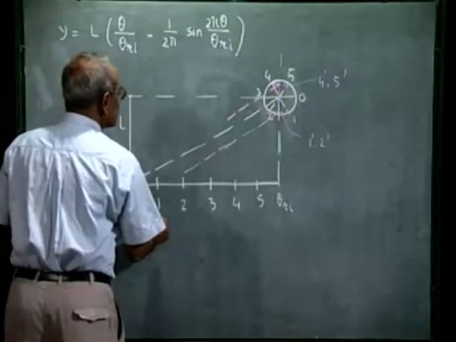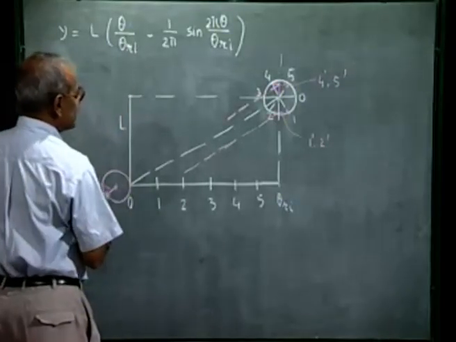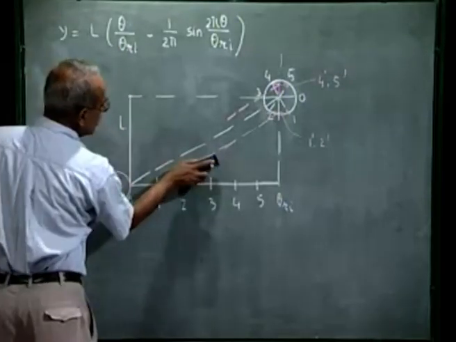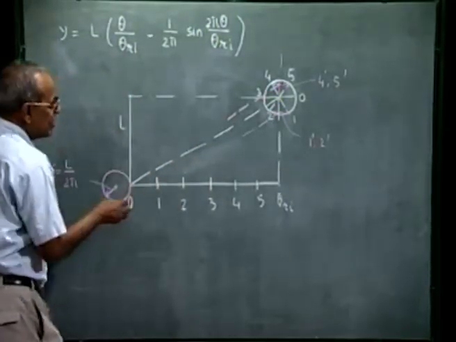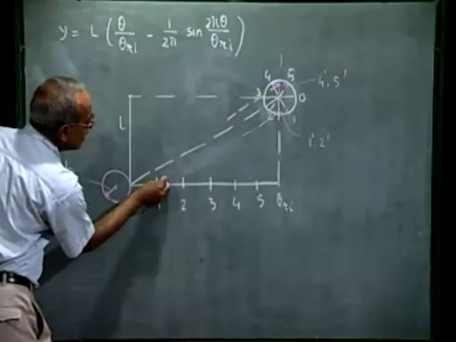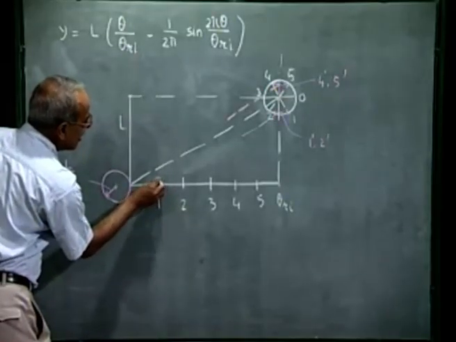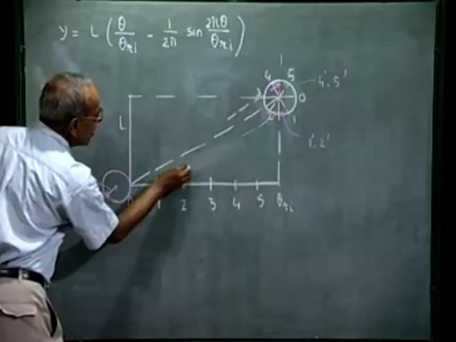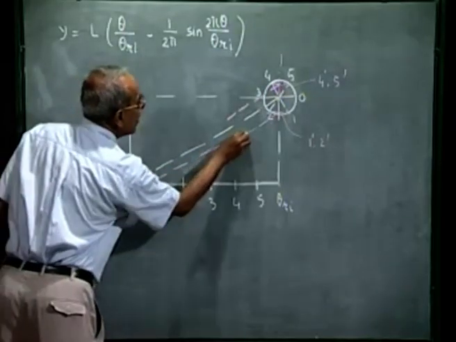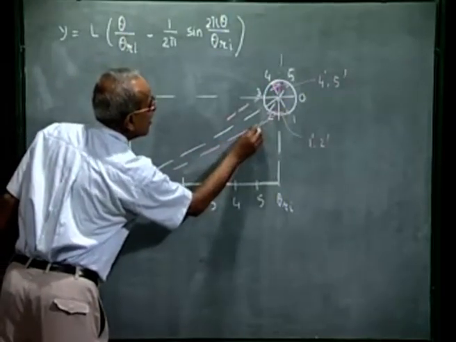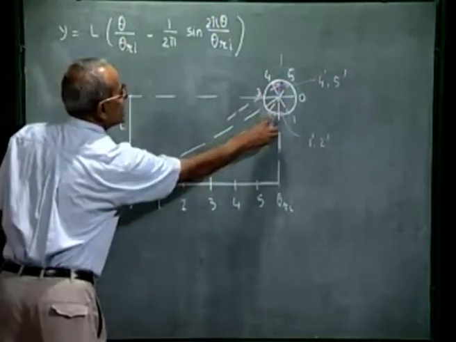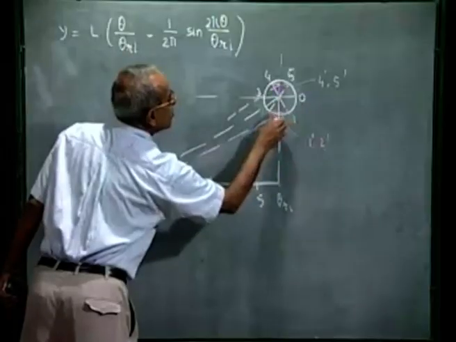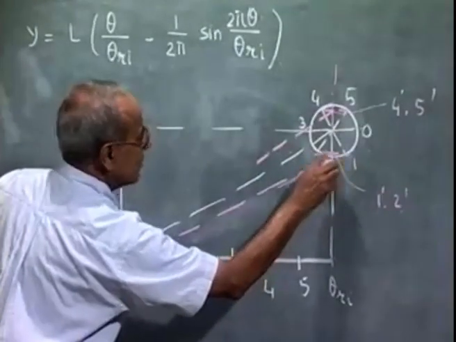Now from these corresponding station points, this line was from 1 prime, 2 prime, which was the projection of this 1 and 2 on the vertical diameter.